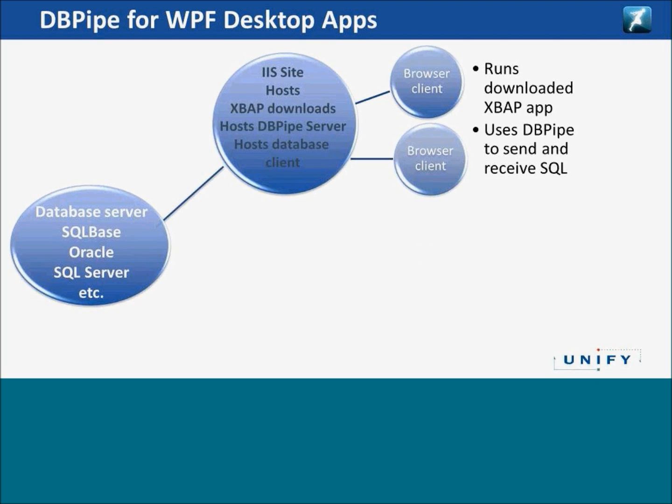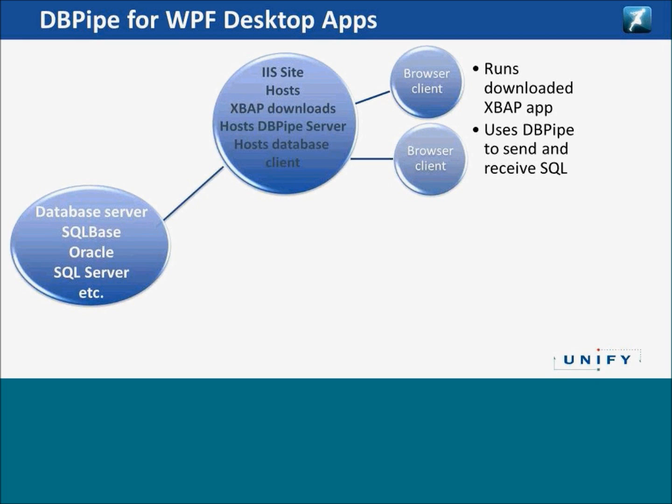Now coming to DBPipe. DBPipe for WPF desktop apps is the title of the slide. The first part that you see here now in that graphic is the DBPipe that we used to have in 6.0 for XBAP browser applications.